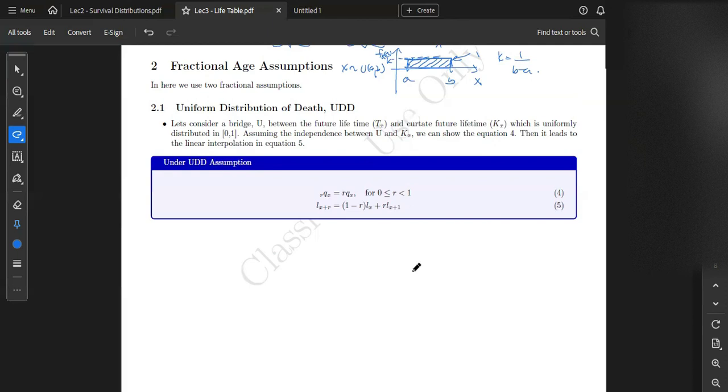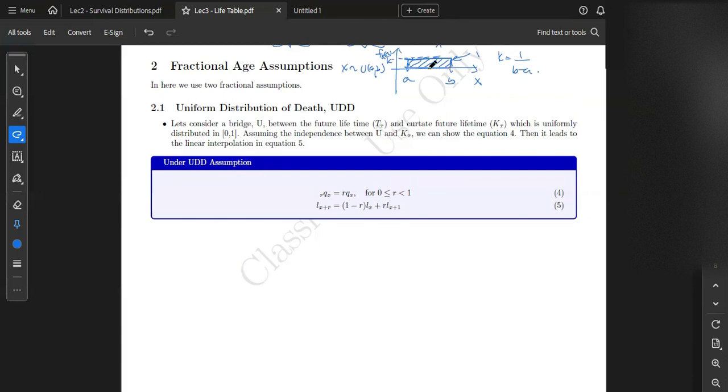It's easy to work with, and we can say we have the future lifetime Tx and the curtailed lifetime Kx, and both of them are uniformly distributed for the next 1 year.